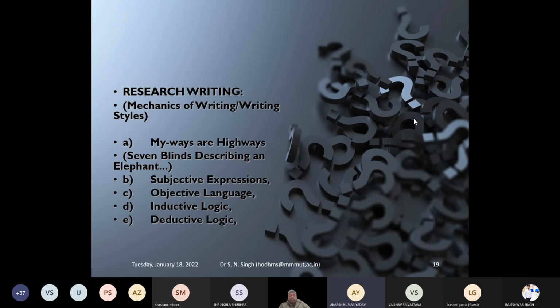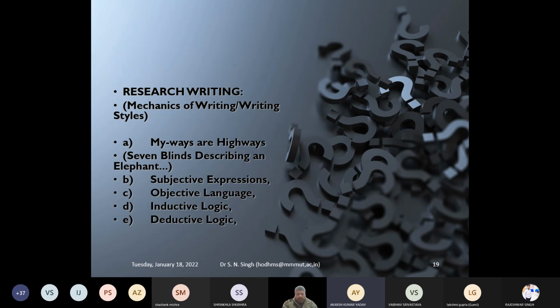And after the reports, based on the findings, we reach a particular conclusion that our body is suffering from this problem. Am I clear? Are you able to understand these four methods: subjective expression, objective, inductive, and deductive logic? Yes, sir. Let us move to the other writing styles.